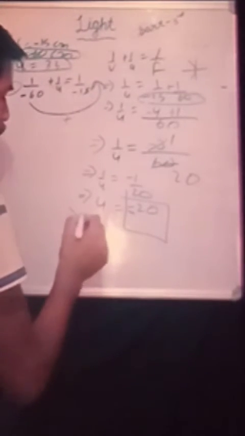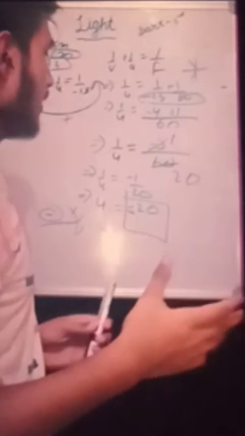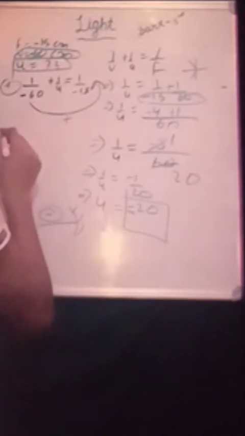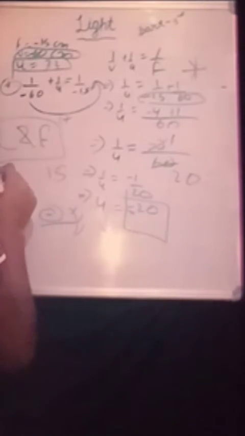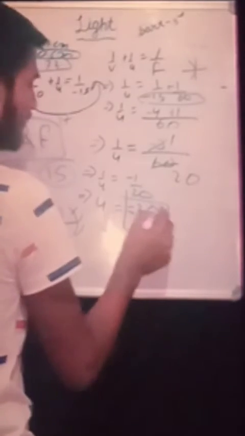It is representing that the object is placed on the left side of the mirror. Now we have to check whether our answer is correct or not. What is the condition? It is found between C and F. We have the focal length 15 centimeter and center of curvature 30 centimeter. Now we are able to know that the object distance is 20. It is correct. Minus 20 is correct.